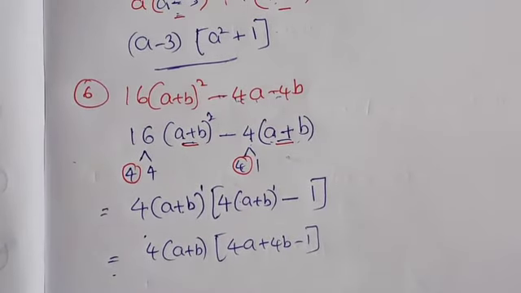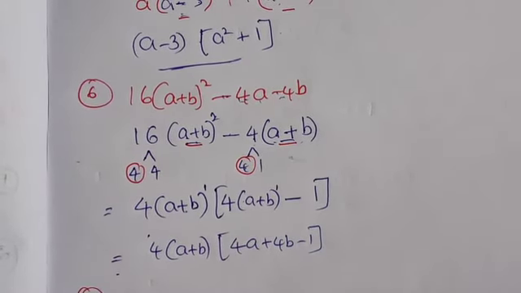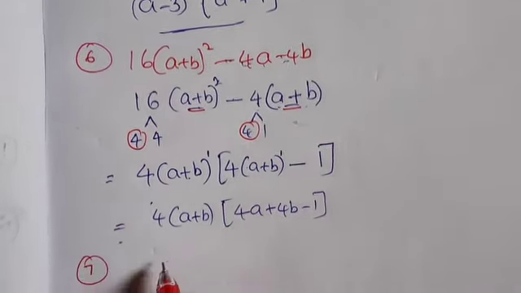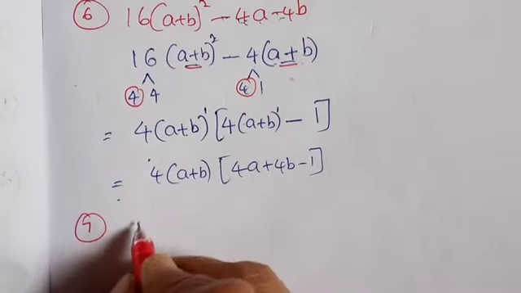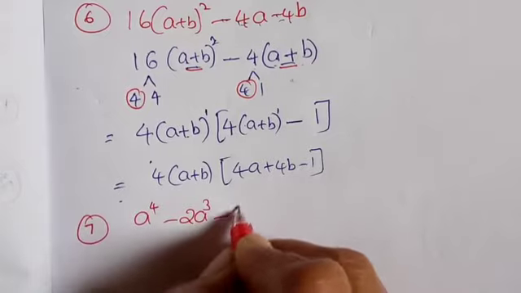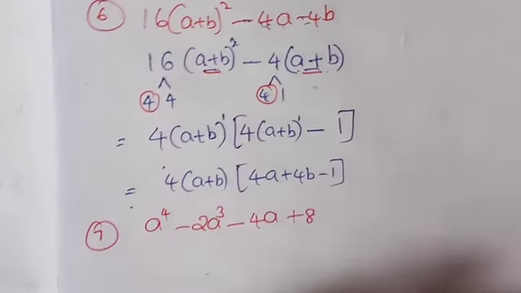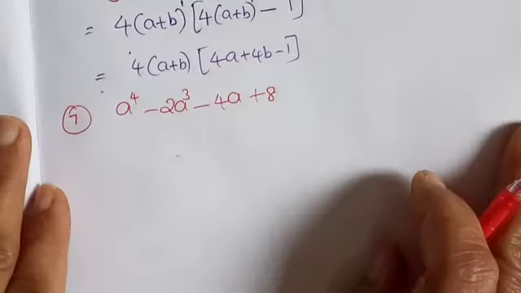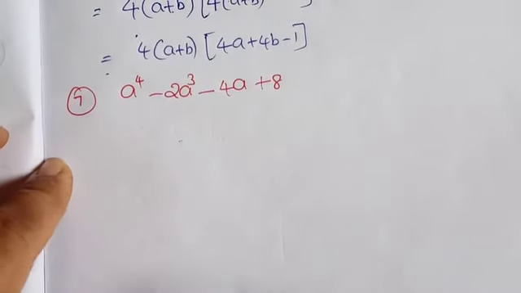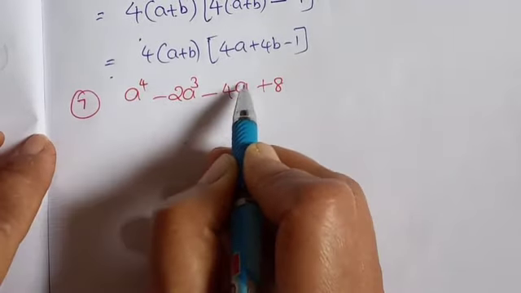Okay. So next question is the seventh question. What is the seventh question, children? Here a⁴ − 2a³ − 4a + 8. It is in order only, order of powers: a to the power 4, 3 and 1.